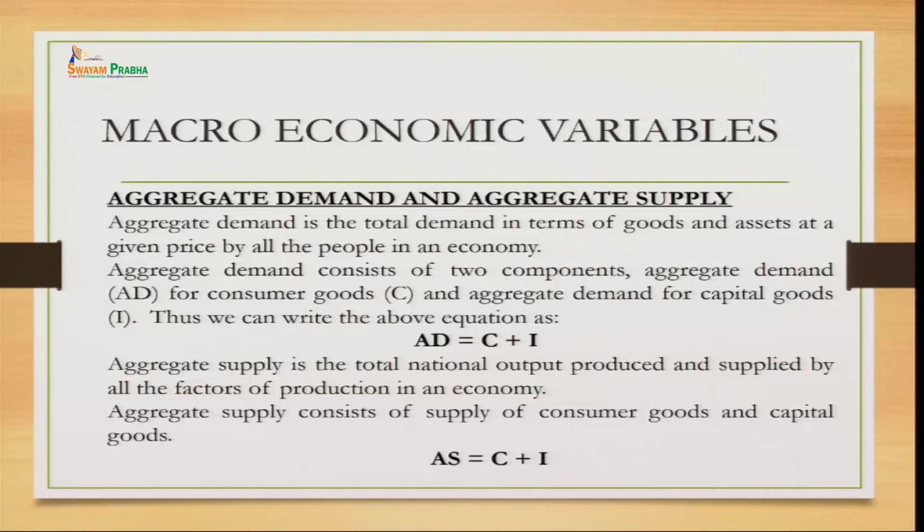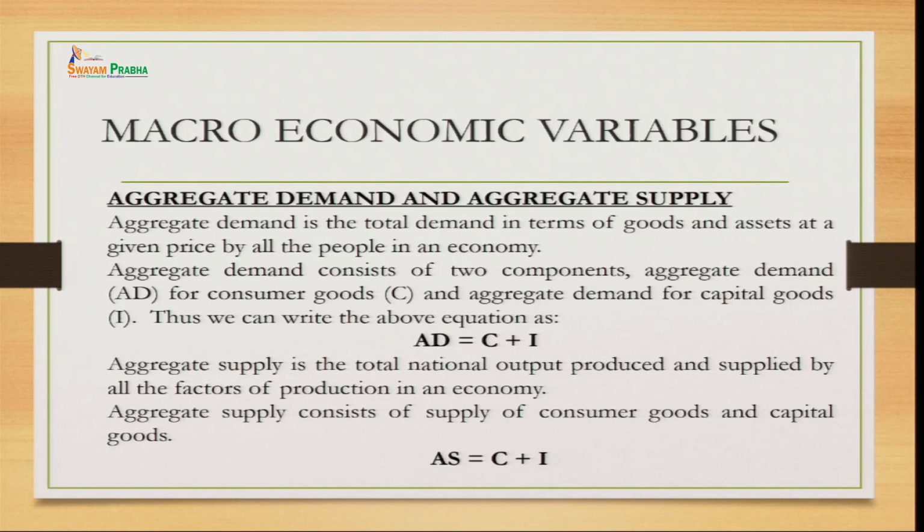So, one is aggregate demand and aggregate supply. Aggregate demand is basically the total demand by all the consumers in an economy, right, whereas aggregate supply constitutes the total supply by all the producers in an economy. When we talk about demand, it means demand for all types of goods, whether they are capital goods or consumer goods. In the same way, we have supply of capital goods or supply of consumer goods.